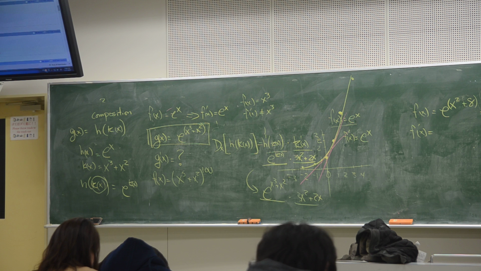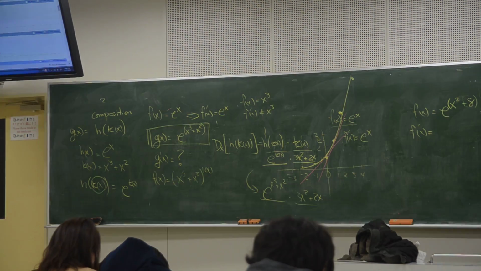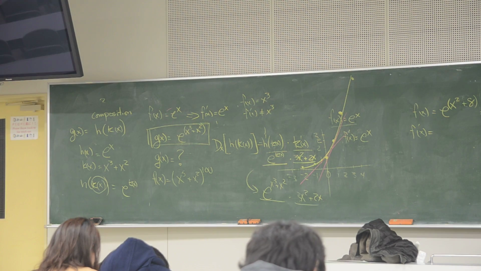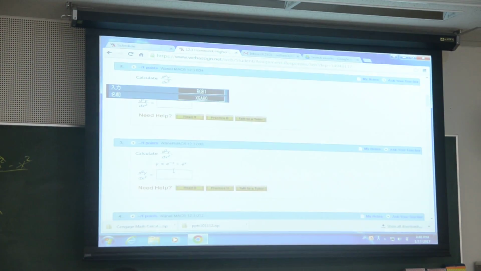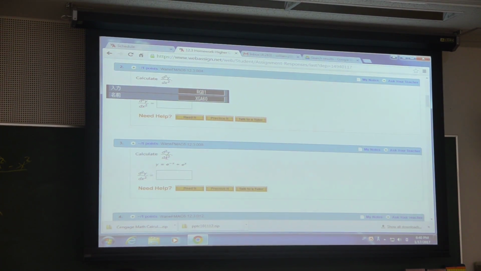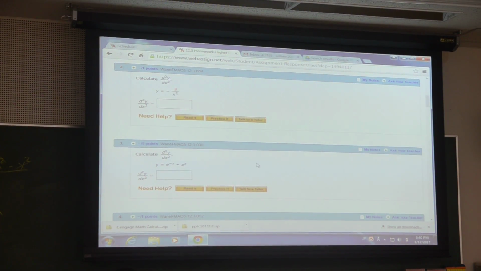Okay. So, with that in mind, let's take a look at the homework problem. This one here. So what's the function that we're working on in this problem?